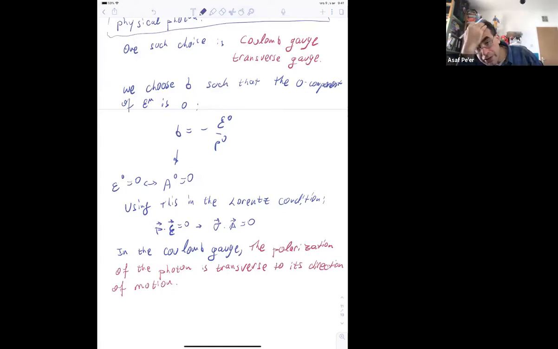So how many polarization states do we have? 2, right? This reduces automatically another degree of freedom.